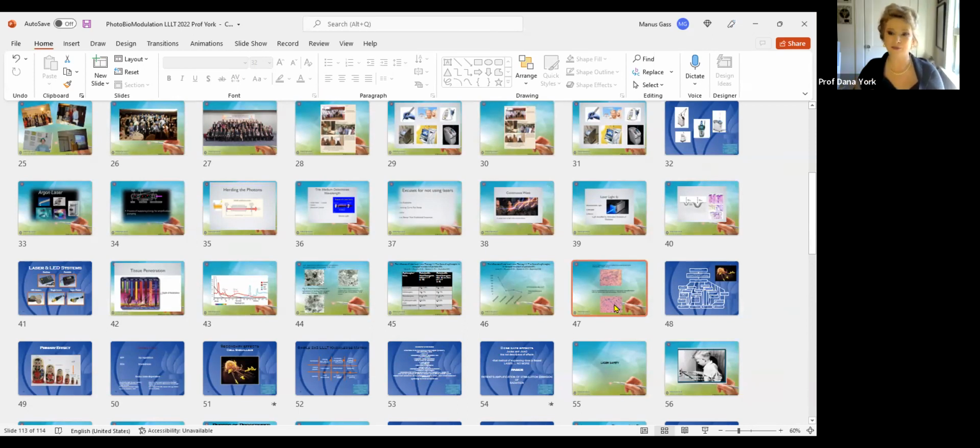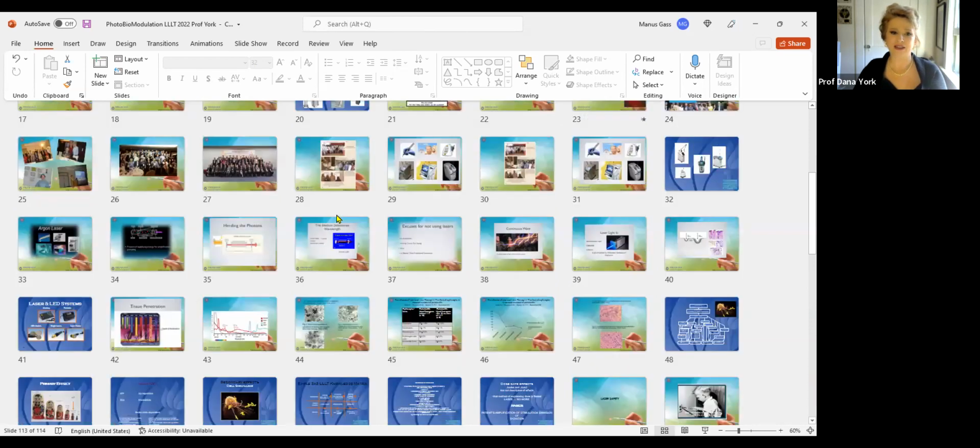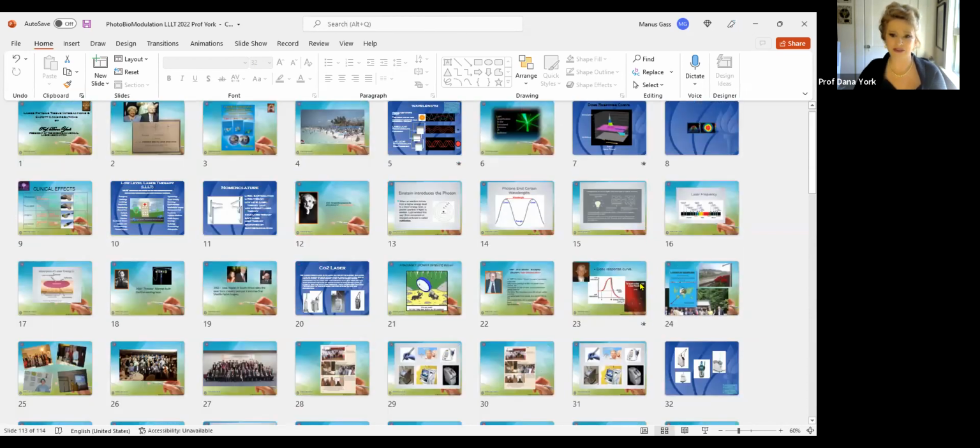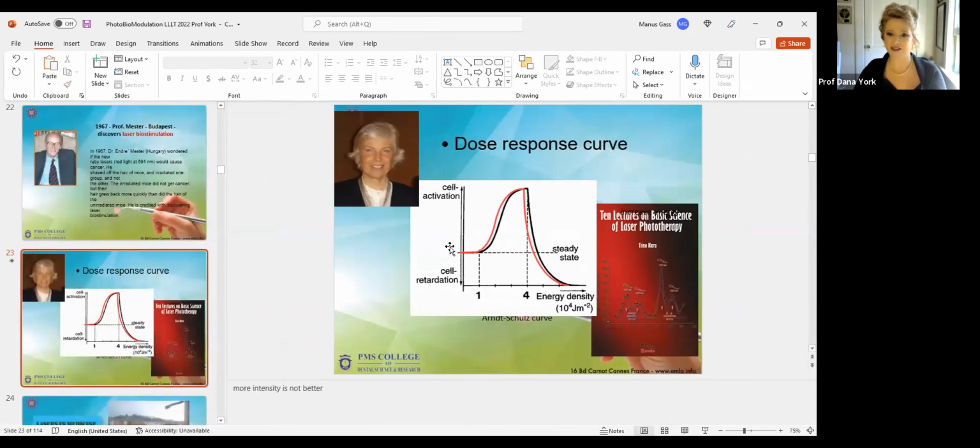We learn from our experience and from the literature. For example, Tina Karu measured the activation of cells. She measured 1 joule on a herpes lesion, so we see how inflammation goes away.